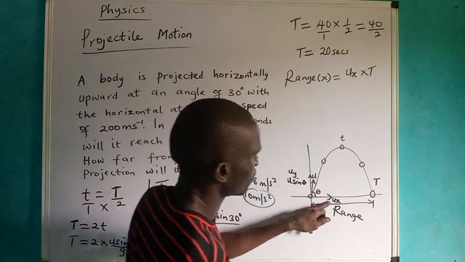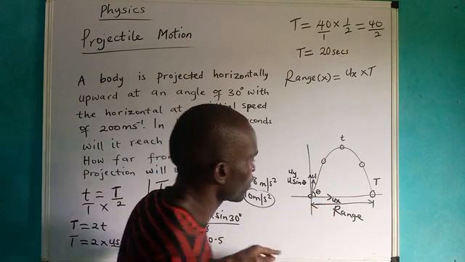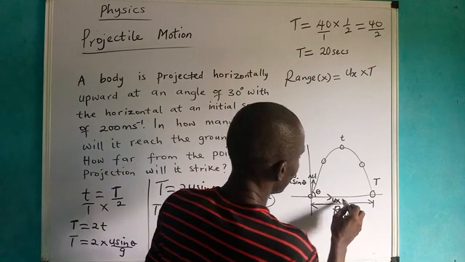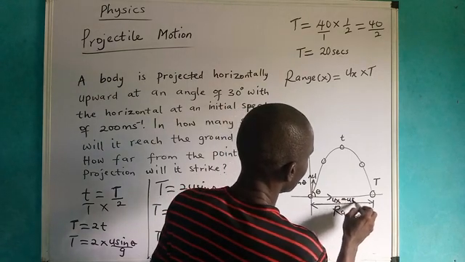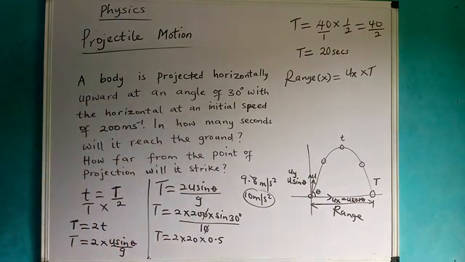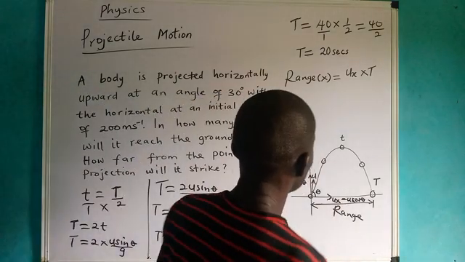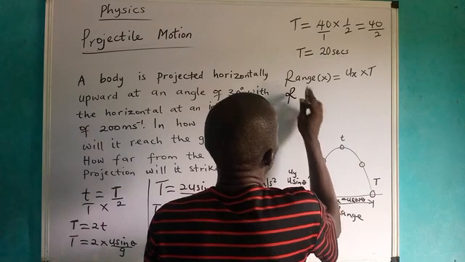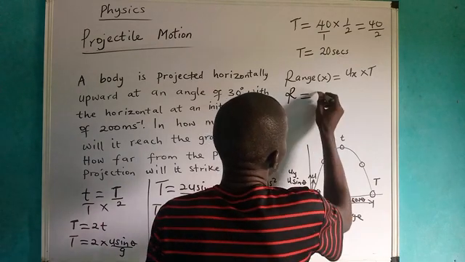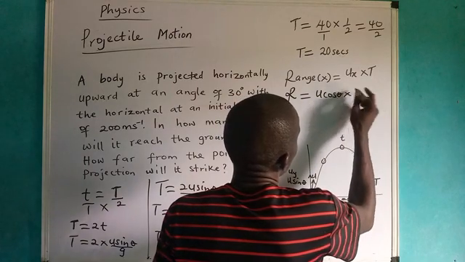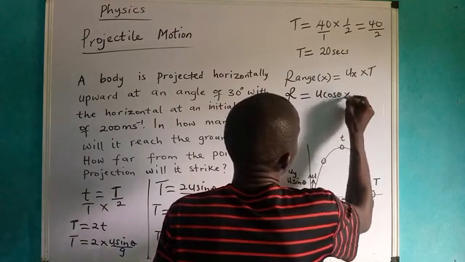And this initial velocity along the x direction, ux, simply means u cos theta. That's what it means, u cos theta. So I can say that my range now becomes u cos theta times the time of flight.